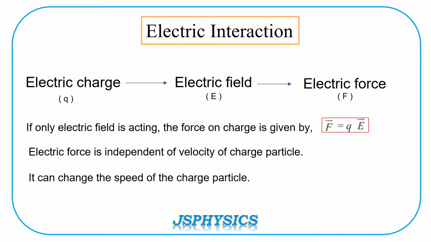So there is no term of velocity in this formula. Also, whenever a charge is kept in the electric field, the speed of the charged particle will change. So that field can either increase or decrease the speed of the charged particle depending upon the direction of the electric field and the magnitude and sign of the charge.